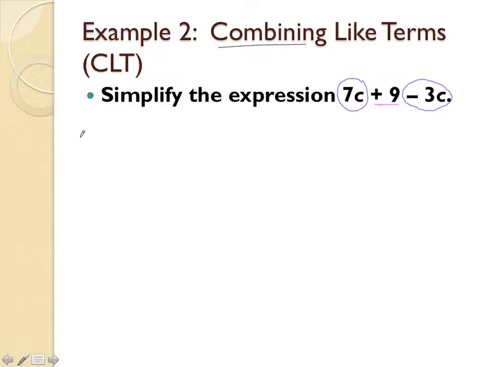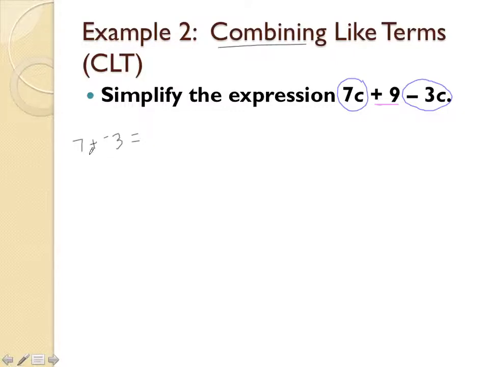All right, so I'm going to go off to the side, way away from my problem, and combine my like terms. I look at the coefficients only. So I have 7 plus my second coefficient, which is negative 3. I'm going to add these, and I'm going to go back to my rules for addition. I'm going to ask myself, are the signs the same?